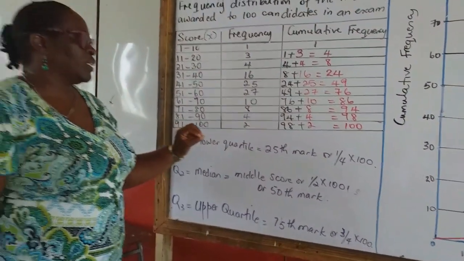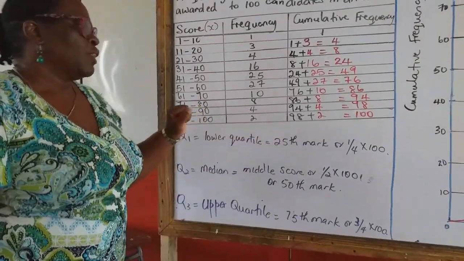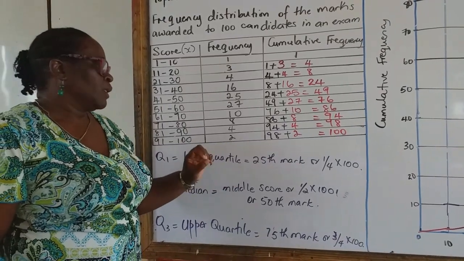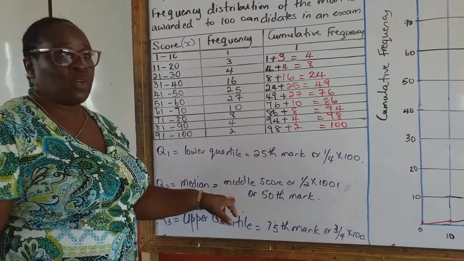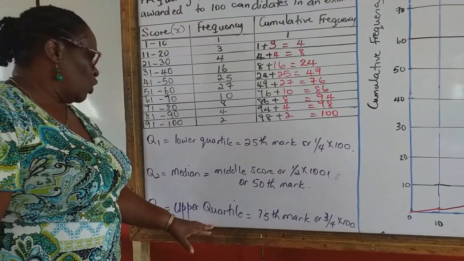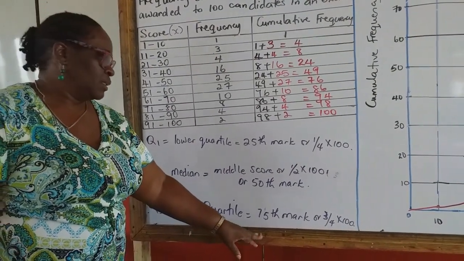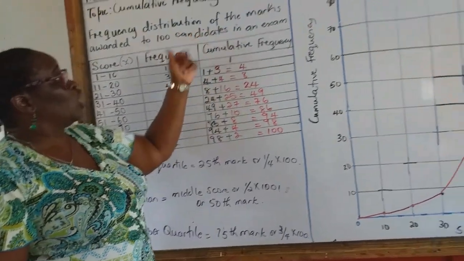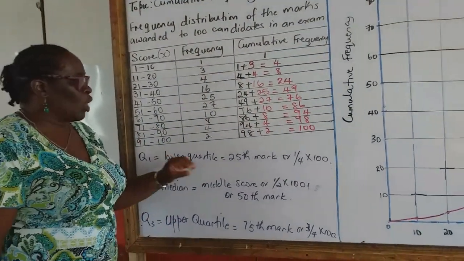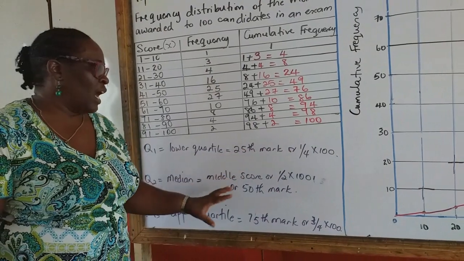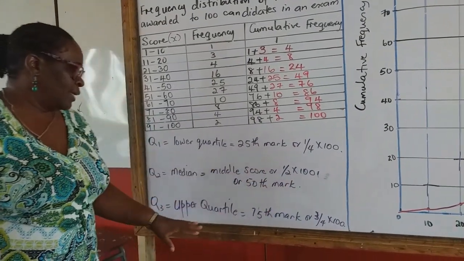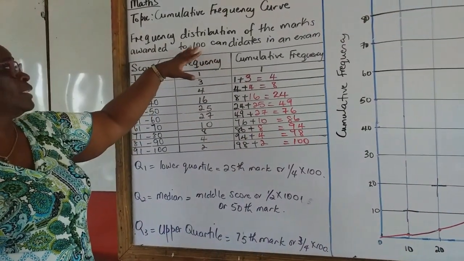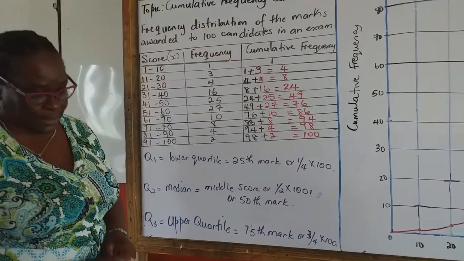If it was 120, the quarter mark would have been 30, the half mark would have been the 60th mark, and the upper quartile would have been 90. If it was 200, the quarter mark would have been 50, the half mark would be 100, and the 3/4 one would have been 150. So it depends on what the total number is.